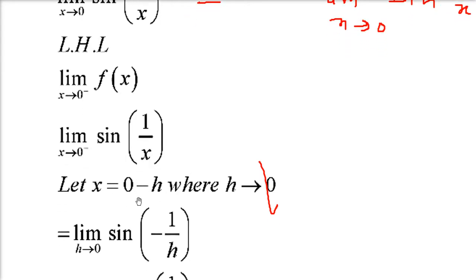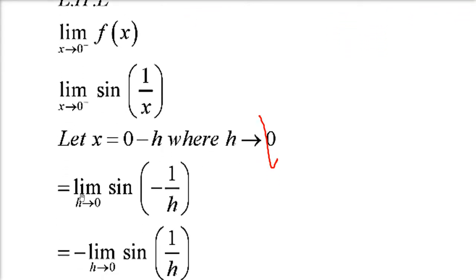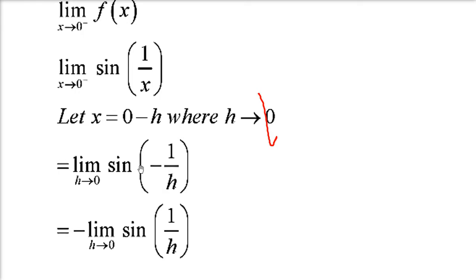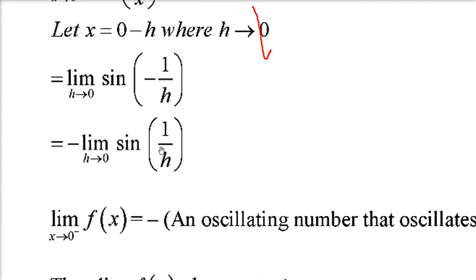In place of x I am putting 0 minus h. So limit h tends to 0, sine of minus 1 by h. Sine minus theta is minus sine theta, so you can take the minus out. So it will be minus sine 1 by h. Now again h is 0, so this is sine infinite.